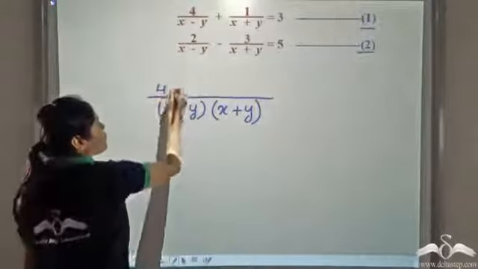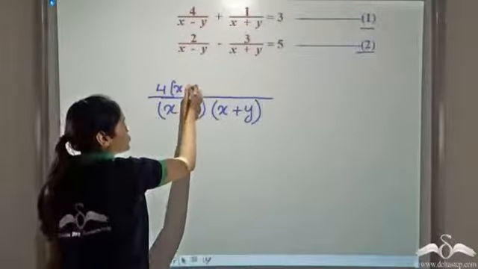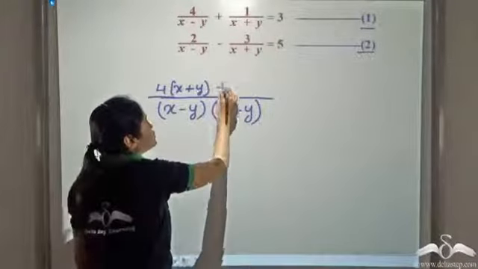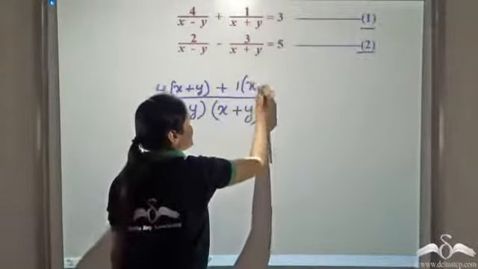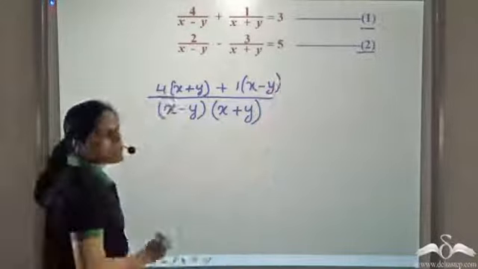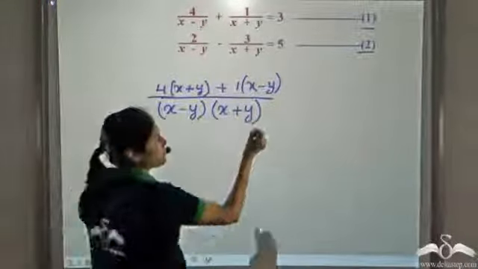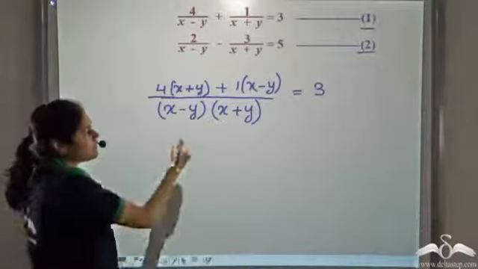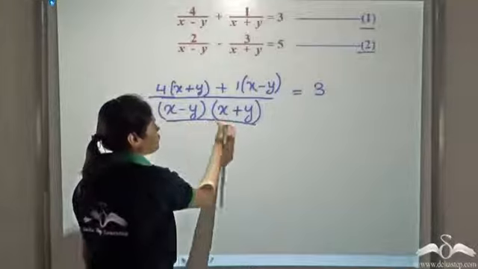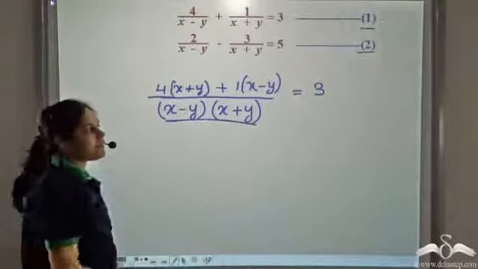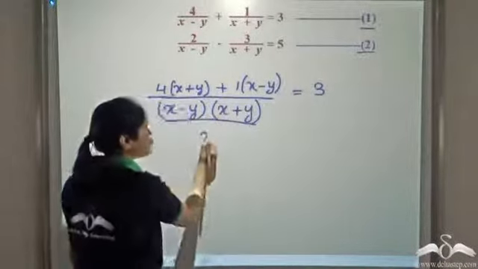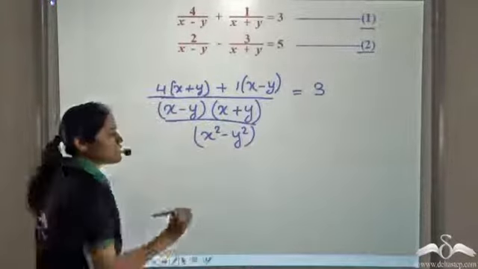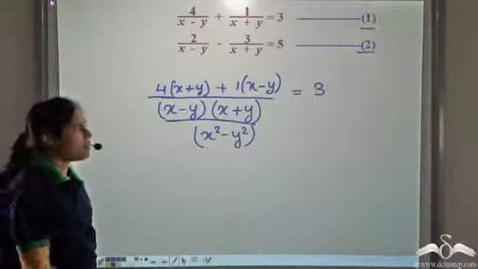This becomes 4 into x plus y, and this becomes 1 into x minus y. This is the left hand side of the first equation. The right hand side is equal to 3. Now x minus y into x plus y will be equal to x square minus y square.